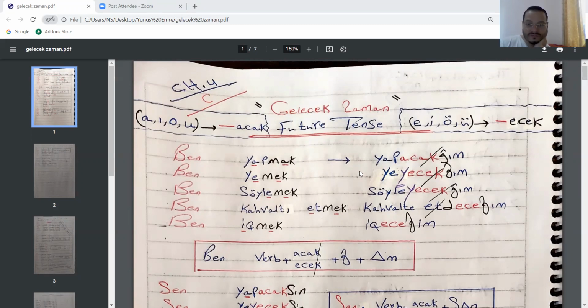Now let's solve all of these five verbs. It will be yapacağım, yiyeceğim, söyleyeceğim. Here, these two kinds are important. Why? Because I have a vowel letter, and after that I have another vowel letter, so in Turkish we can say ye between these two vowel letters to be yiyeceğim.